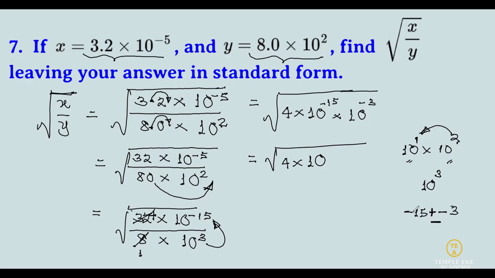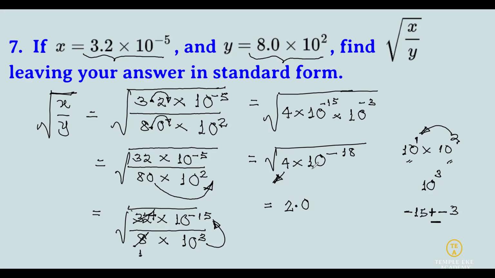So minus 5, minus 3, minus 8. That's right. And now we can take the square root of each of them. For the whole number, you can take the square root directly. What is the square root of 4? The square root of 4 is 2.0.